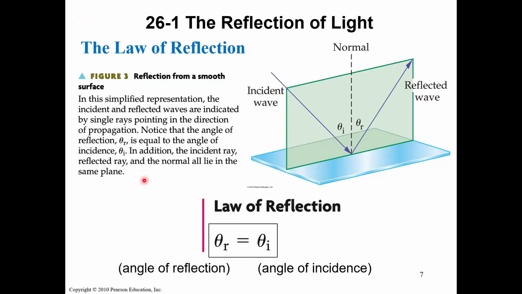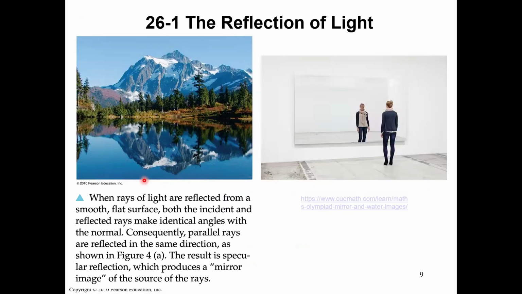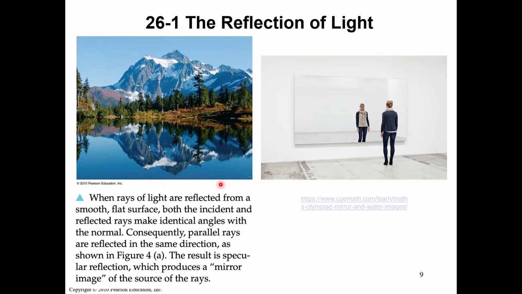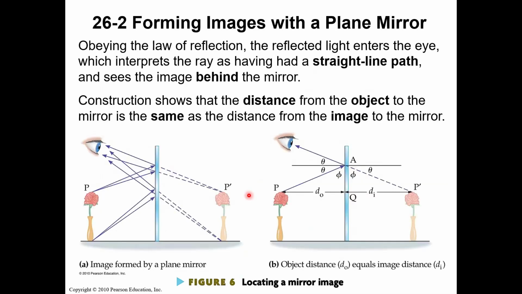If we have a smooth surface, we can have a specular reflection, and parallel incident light will be parallel reflected light. And we described how we can quantitatively describe this imaging process.